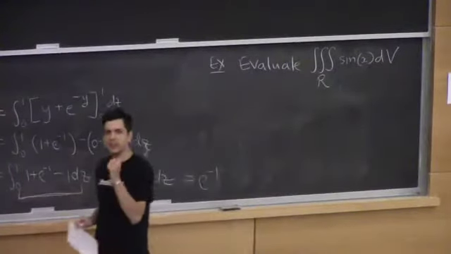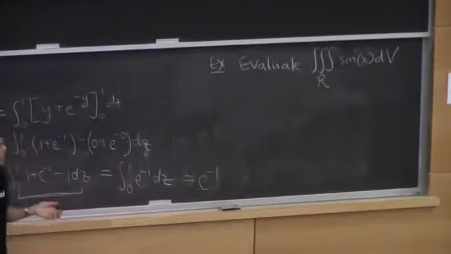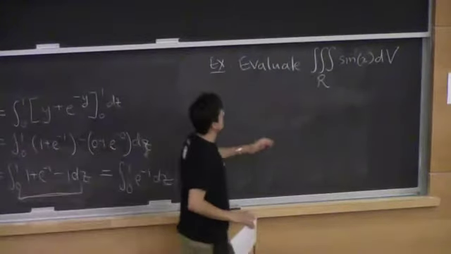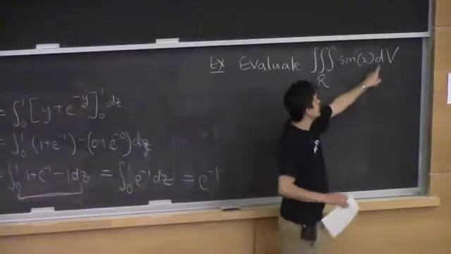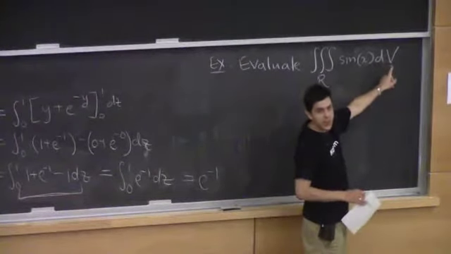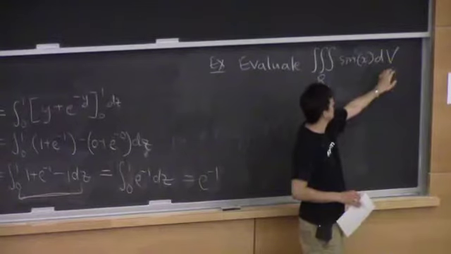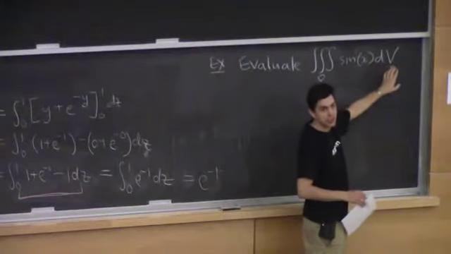When we have a triple integral, we write the region R underneath the integral signs, and the variable of integration that we usually put here is capital V for volume. Okay, so we're integrating with respect to volume.